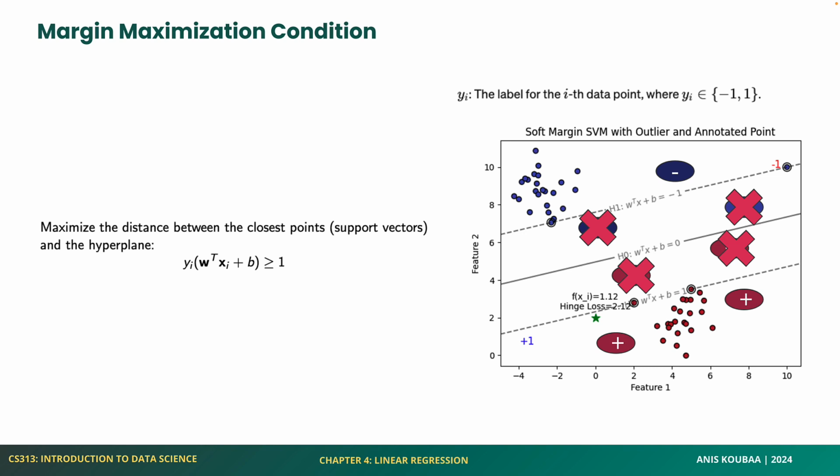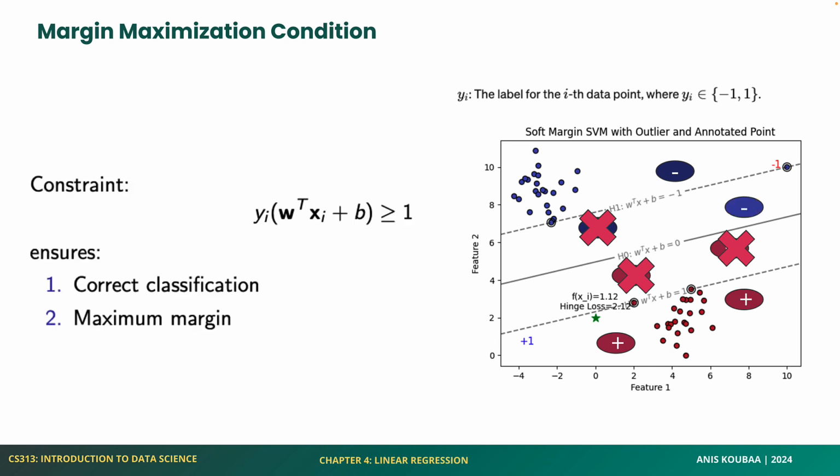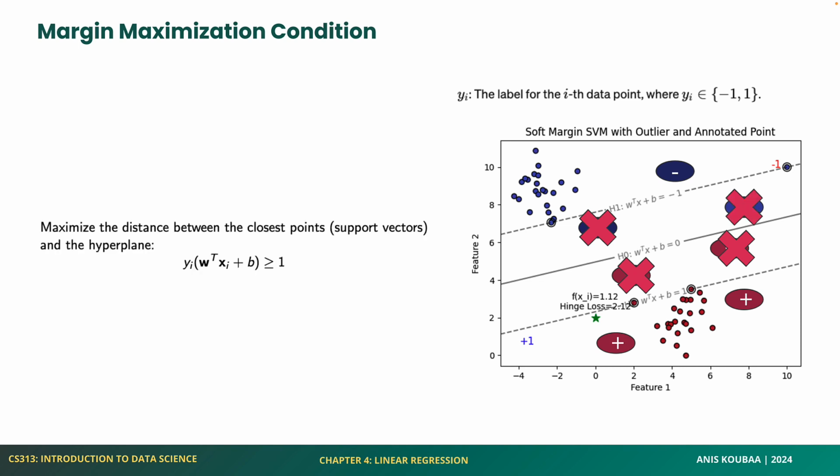So this is the condition that we need to have for the maximum margin classification. And this is the constraint that we will use when we want to minimize the norm of the vector. We work with constrained optimization. What is a constraint? What do we want to minimize?